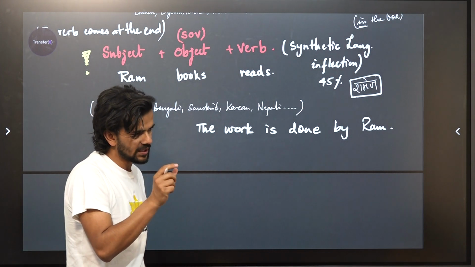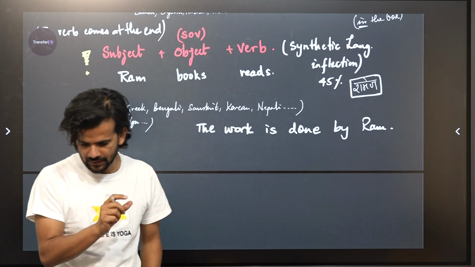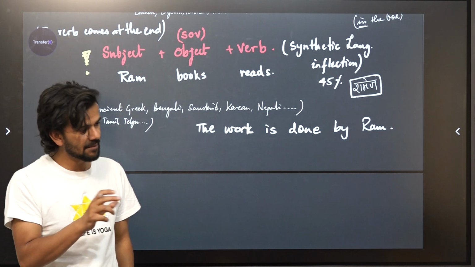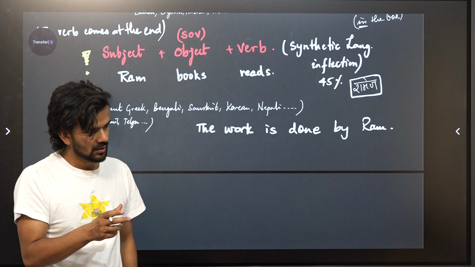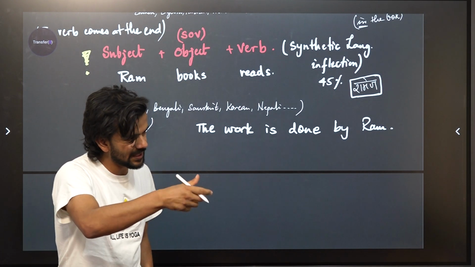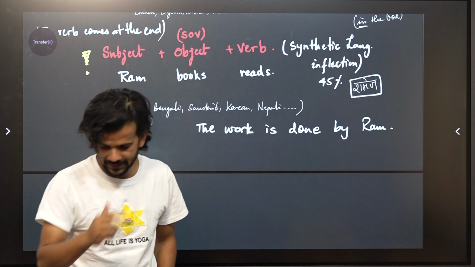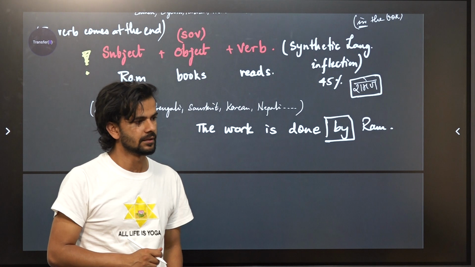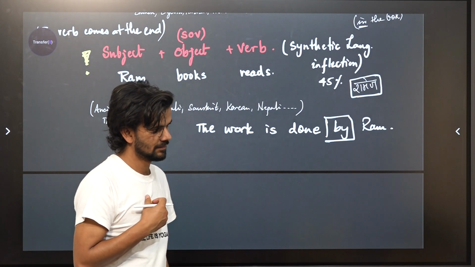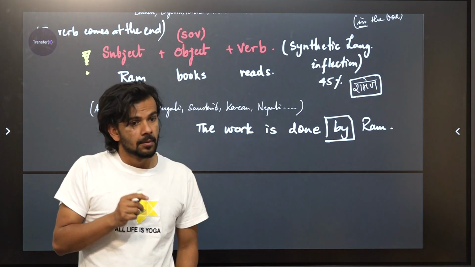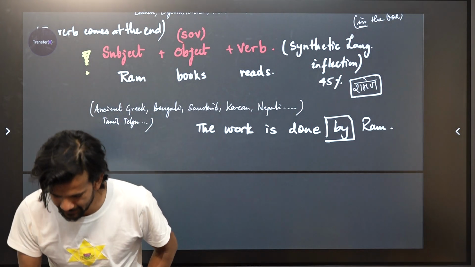What is building the relation between work and Ram? रामबाट काम भयो भनेर कहिले भनेको छ? By. Right? By Ram. The work is done by Ram, isn't it? But in Nepali, what do we say?